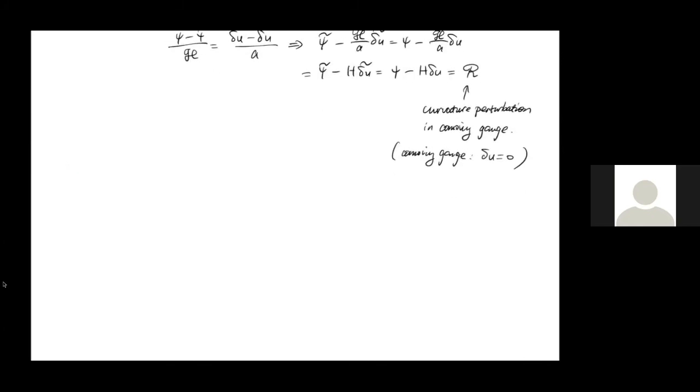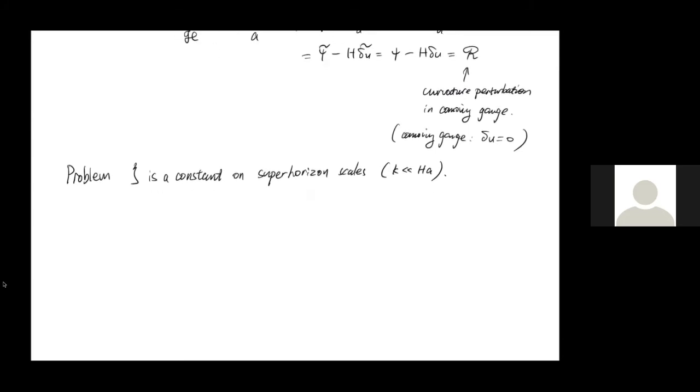So the problem is to prove that zeta is a constant on superhorizon scales, that is, the wave number is much smaller than the comoving Hubble factor, comoving Hubble rate.